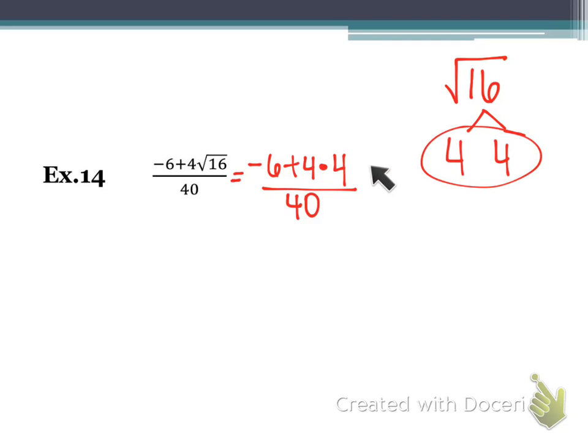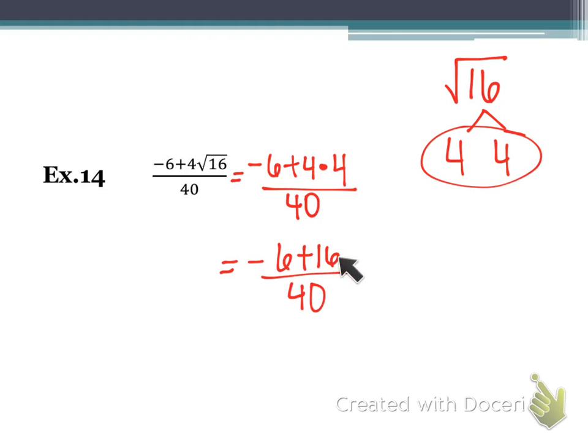So if I'm looking in my numerator, what should I be doing first? 4 times 4 is 16. Now, if you want to, you could treat these like heart numbers and simplify them. But because this no longer has a radical trapping it, it can get combined with what's in front.